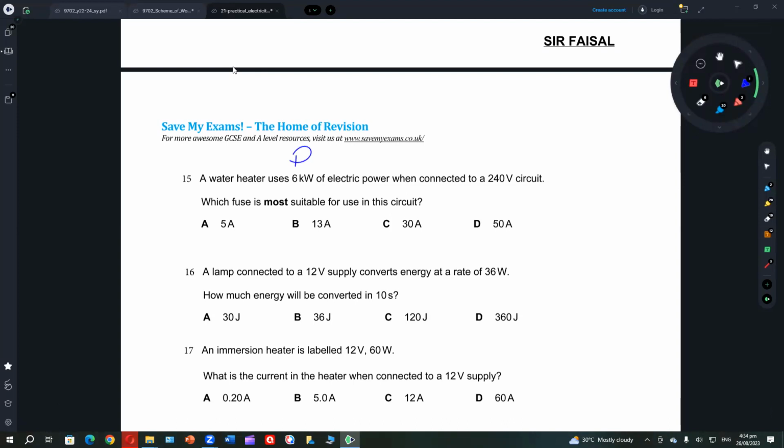So we have a power and we have voltage, but we should first find the current. 6,000 upon 240.